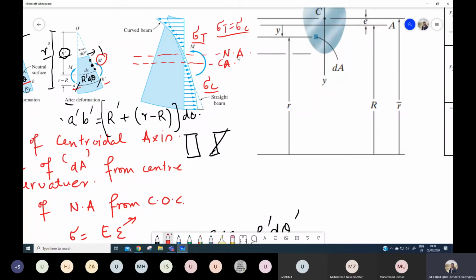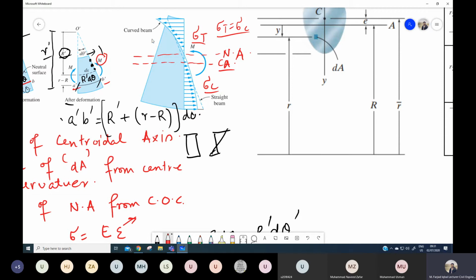So since this distribution is not linear, the neutral axis will not coincide with the centroidal axis. It may be either above the centroidal axis, or it may be below it. So it completely depends on the distribution of stress. So in the case of a curved beam, just remember one thing, that the neutral axis is not directly on the centroidal axis, because the stress distribution is non-linear.